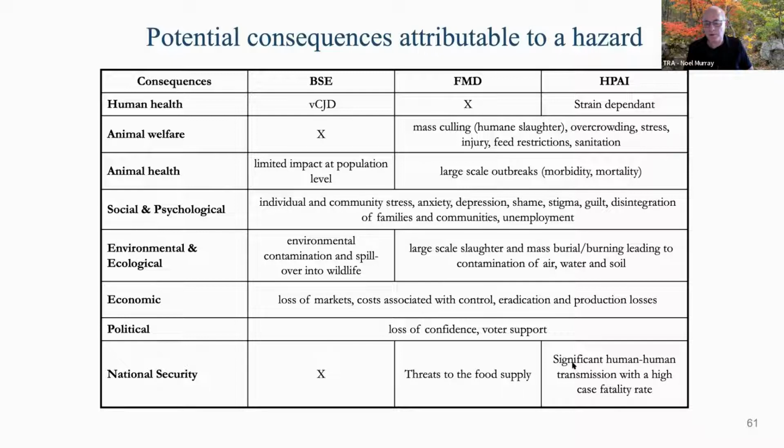What about significant human-to-human transmission with a high case fatality rate? Obviously, that would depend on the strain. If a highly virulent strain emerged that was capable of transmission within the human population, that might be a real concern as well.